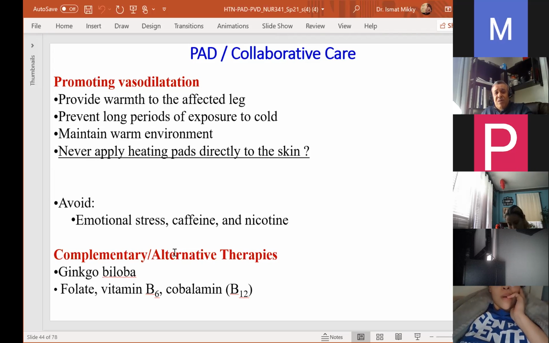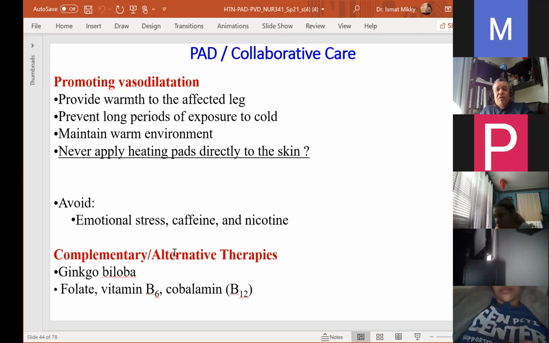The problem is very similar to applying heat to patients with peripheral neuropathy due to diabetes. Because sensation is diminished in the affected extremity, the patient can burn the skin without knowing, because of limited or decreased sensation. That's the reason why you never apply heating pads.